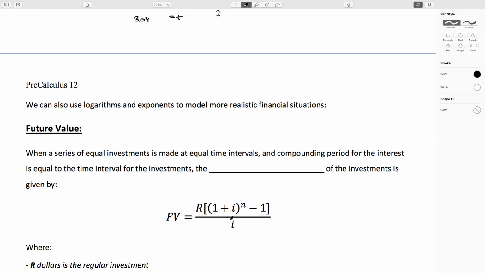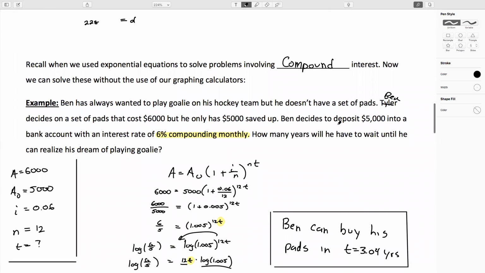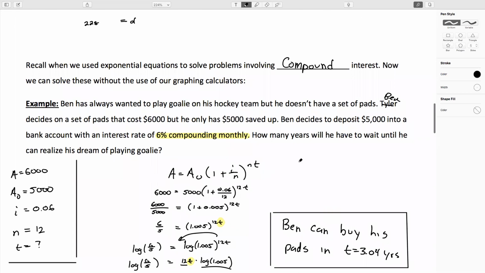So up until this point, we have been restricted to this compound interest formula. As it turns out, that one's not necessarily the most useful because it's only based on a one-time deposit. It's based on putting money in the bank once with a steady interest rate and just sitting on that money. Most people don't have $6,000, $10,000, $20,000 to just throw into the bank.